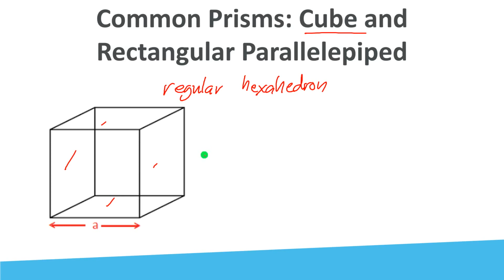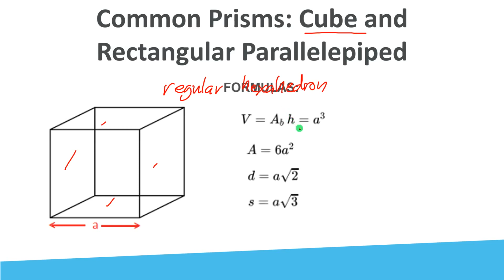All sides are equal, all faces are equal. Now, what are the formulas that we can use in computing the volume, area, diagonal, and space diagonal? For the volume, we have area of the base times the height. If we assign A to one side, with all other dimensions equal, just multiply the length, the width, and the height, which is equivalent to A cubed.